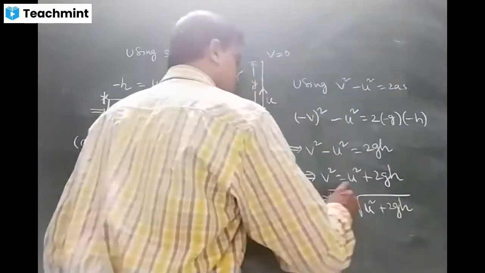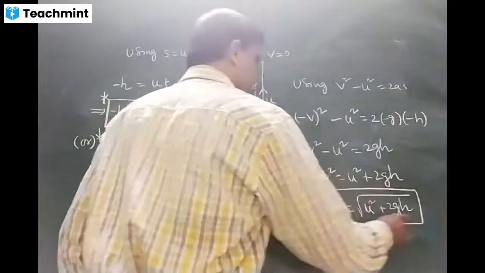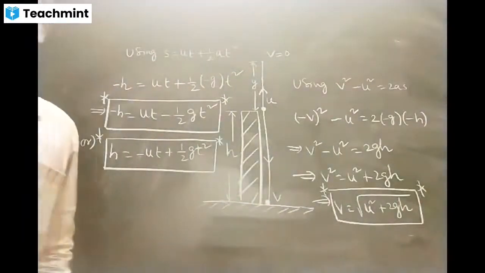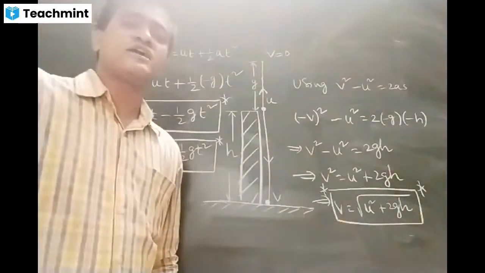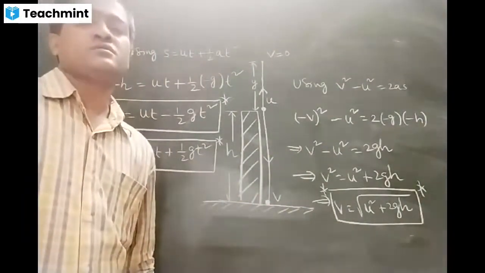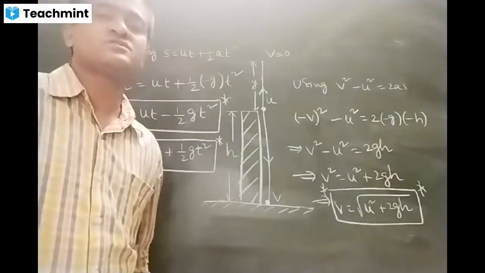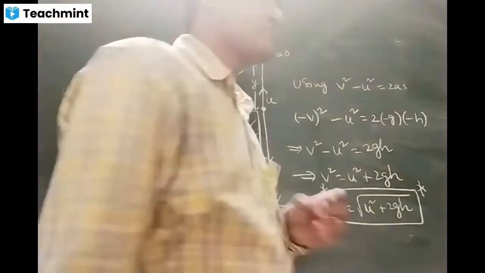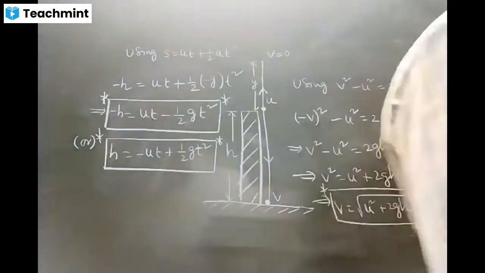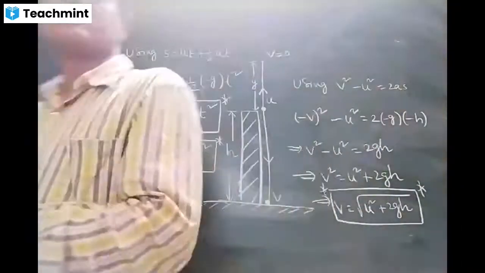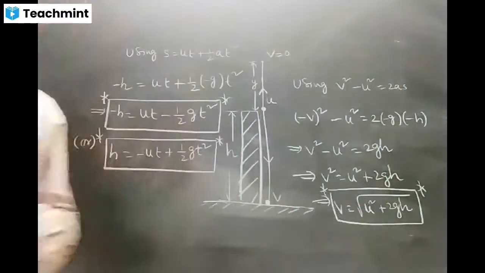So this is the equation that we write to find out the final velocity of the particle when it just strikes the ground, or when it just touches the ground. Final velocity in terms of displacement. This is how you can calculate.